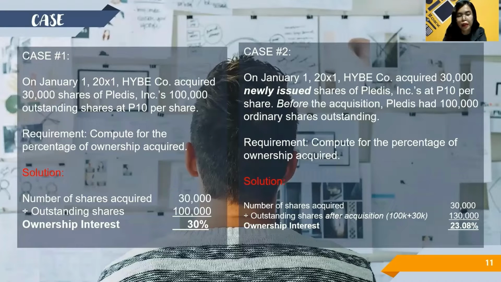So katulad lang kanina, i-divide natin yung shares acquired sa outstanding shares after acquisition naman dito. So yung after acquisition, yung 100,000 and then yung 30,000 in-acquired natin is mag-a-add natin. So 30,000 yung in-acquired natin divided by 130,000 equals 23.08%. Yun na yung ownership interest natin.